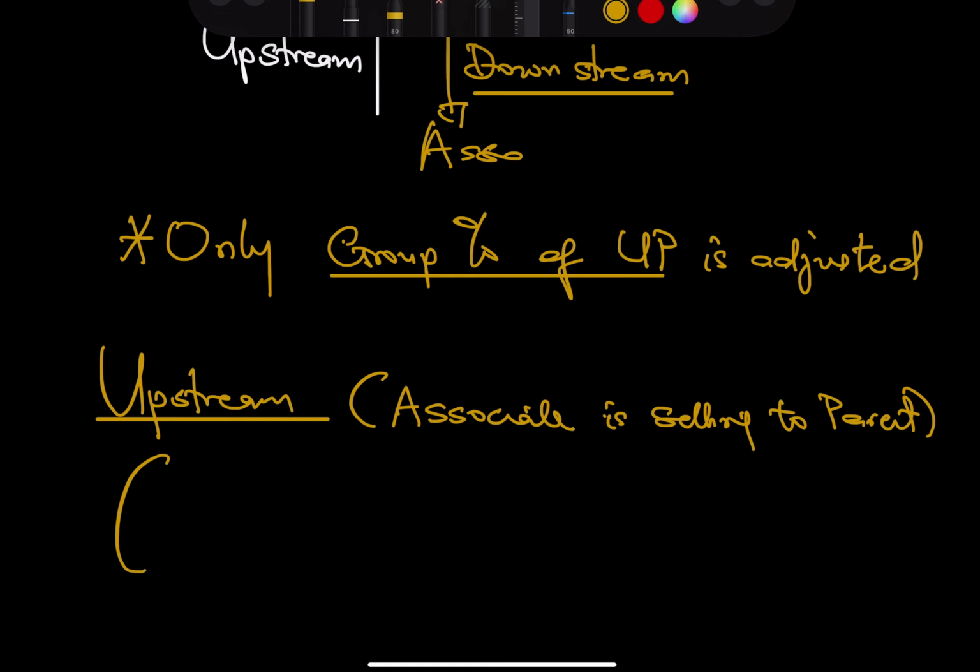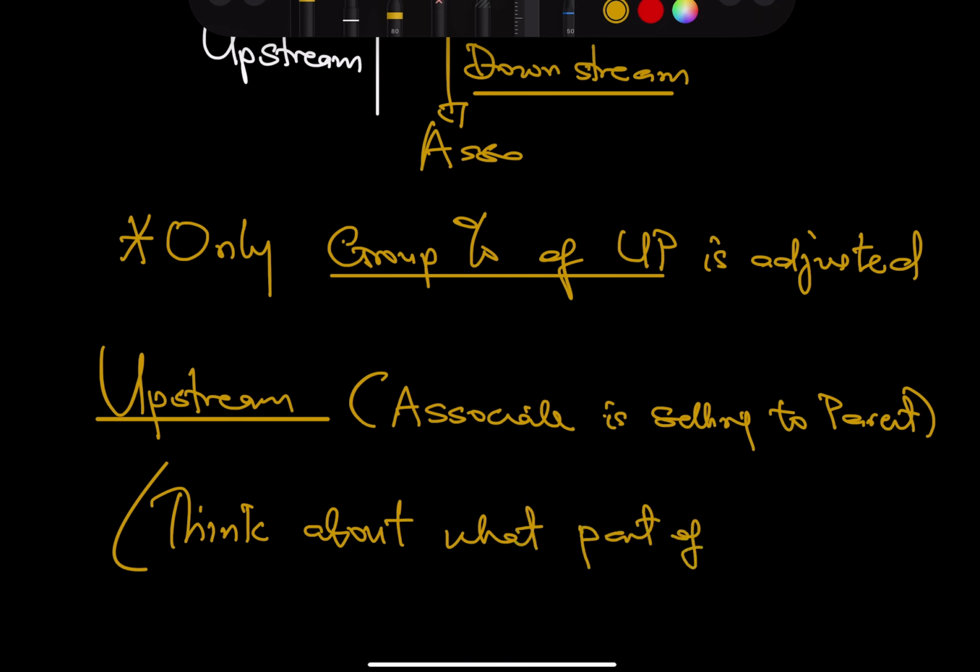Think about what part of the parent's financial statements has been increased by this transaction, because unrealized profit is almost like something is overstated and you want to take it out.